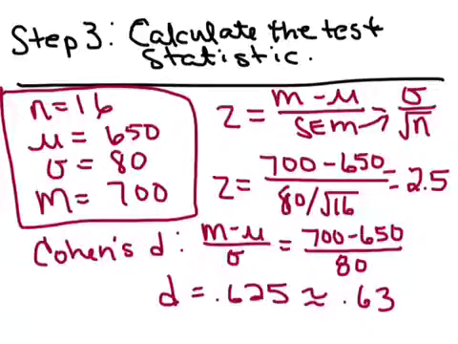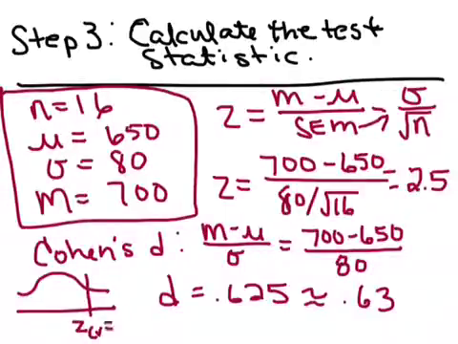This is interesting though, because on step 4 we need to determine whether or not we have significance. Before we do that, I'm going to draw this out. If you remember, our Z crit was 1.64. Anything that falls out here is significant.